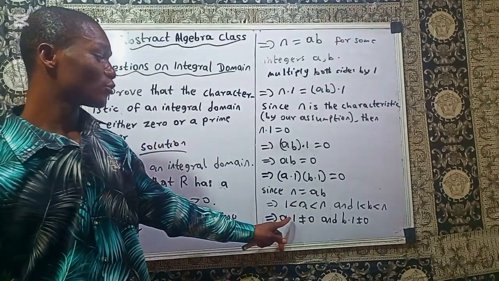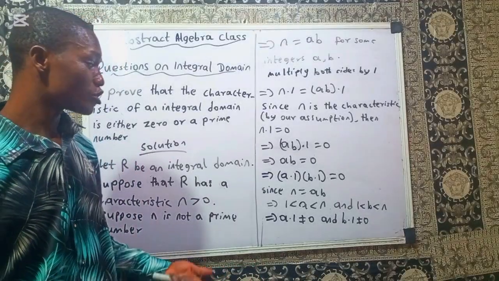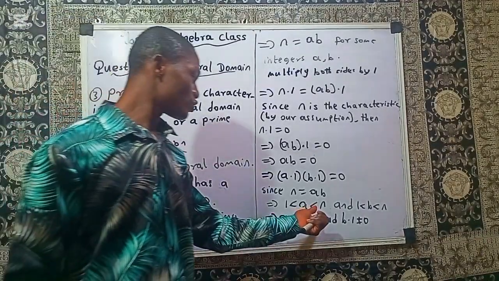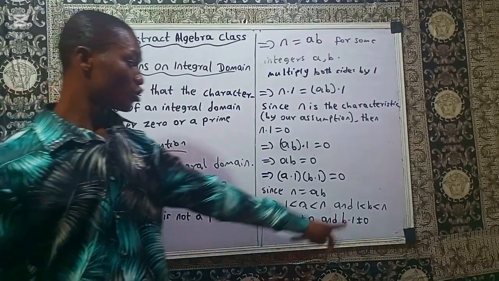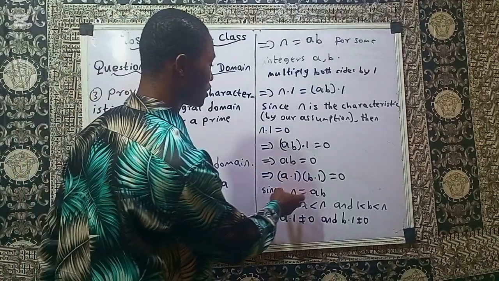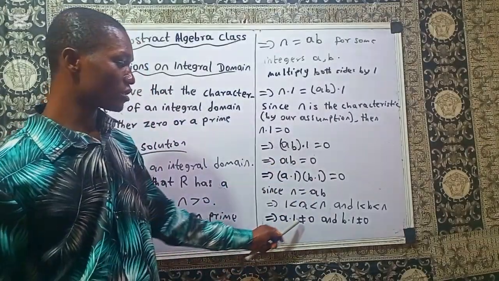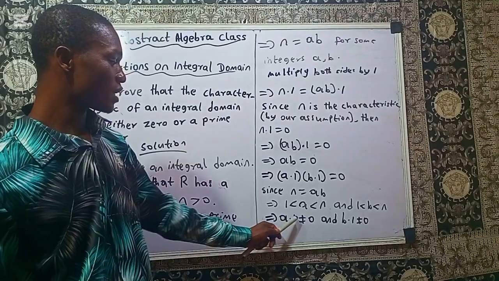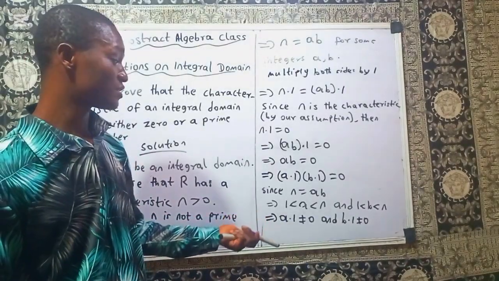So if you use a to multiply the identity element of the ring, you cannot get 0, because it's not the characteristic. And if you use b to multiply the identity element of the ring, it's not 0, because b is less than the characteristic. Remember in this expression we have a times b is 0, but a times 1 is not 0. Remember that a times 1 is the same thing as a, and it is not 0.